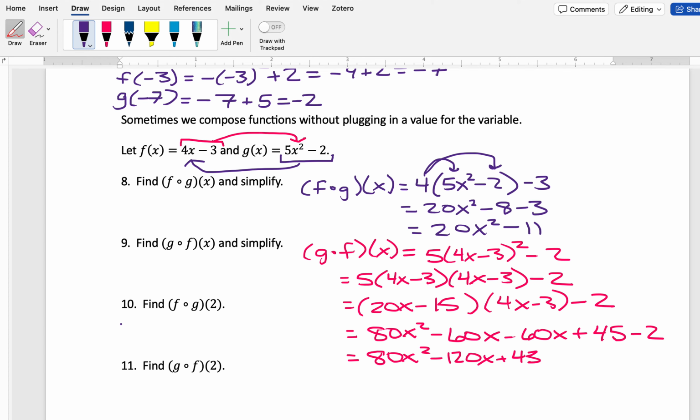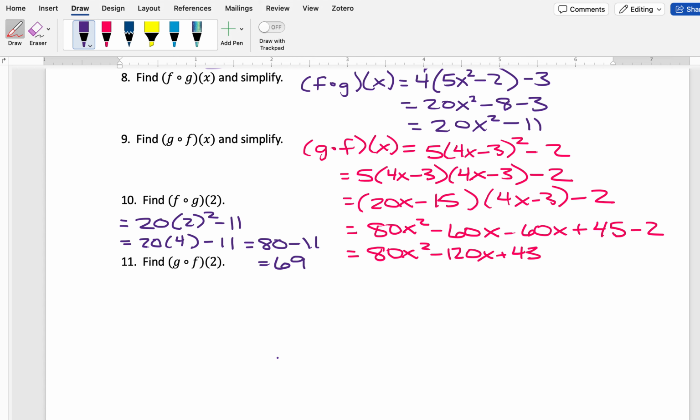So I'm going to plug 2 in for x into that formula. So it would be 20 times 2 squared minus 11, which is 20 times 4 minus 11. Make sure that you aren't multiplying 20 by 2 to get 40 and then squaring that. That's not going to be right. 80 minus 11, 69 is my answer.